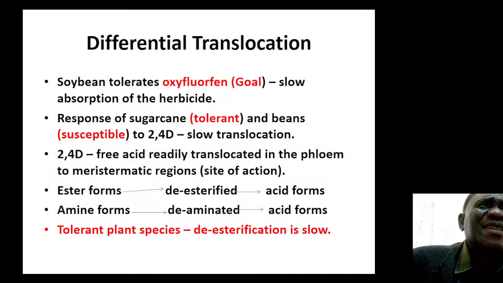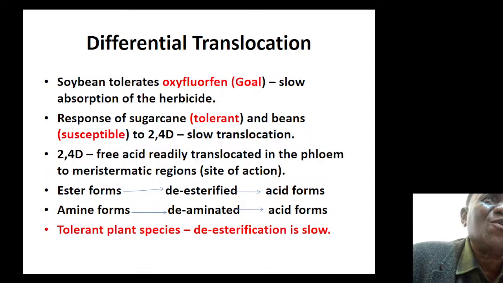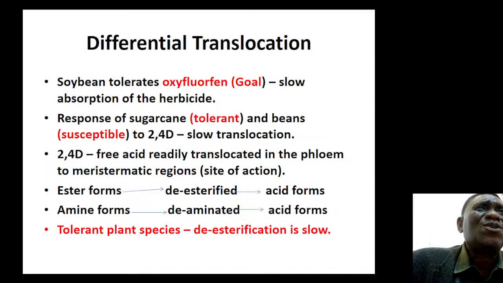Soybean can tolerate oxyfluorfen because of the slow absorption of the herbicide. The movement is slow. Now, the response of sugarcane, which is tolerant, and beans, which are susceptible to 2,4-D, is again due to the movement of 2,4-D.